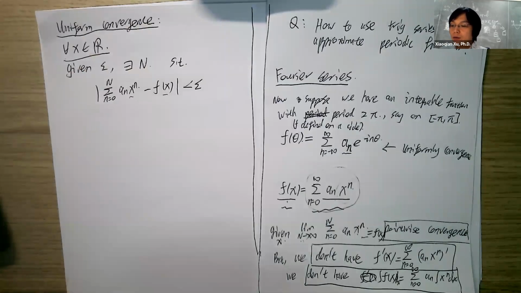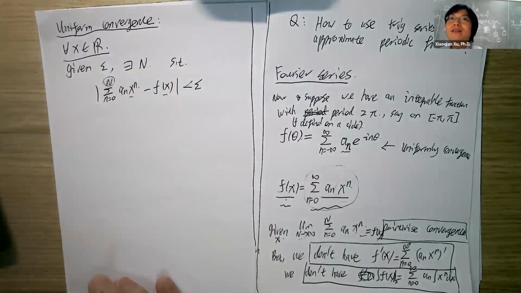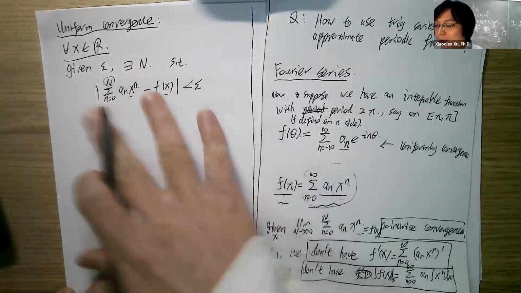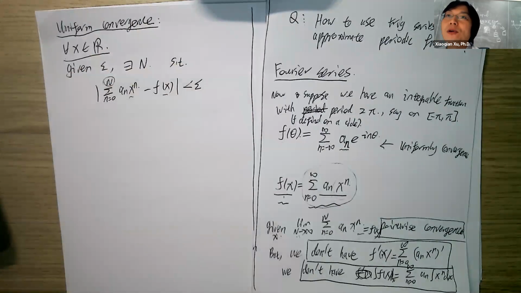We have a uniform big N, such that after this term, the rest of the terms are very small, uniformly in x. Is that clear for the definition of the uniform convergence?